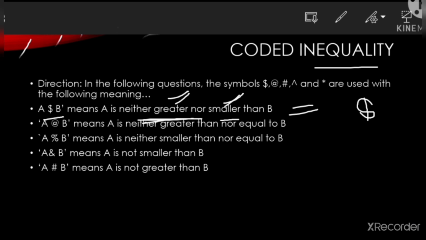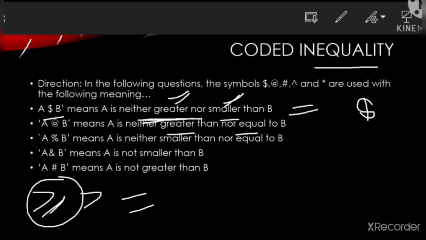Next, what does it say? A at the rate B means A is neither greater nor equal to. Fine. If it is neither greater nor equal to, we cannot take these both signs. So what signs are we left with?